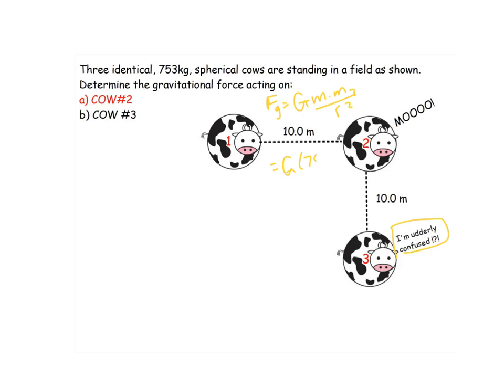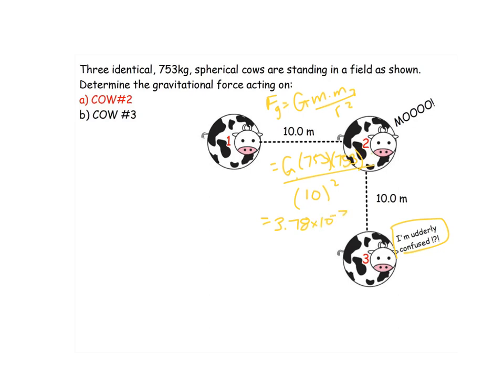My masses are 753 kilograms each, so that's 753 times 753, divided by the distance between them squared, so that's 10 meters squared. And I get 3.78 times 10 to the negative 7.